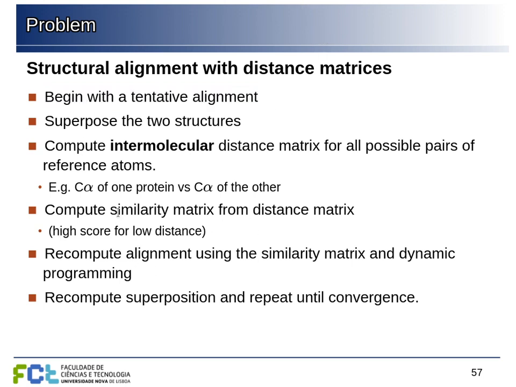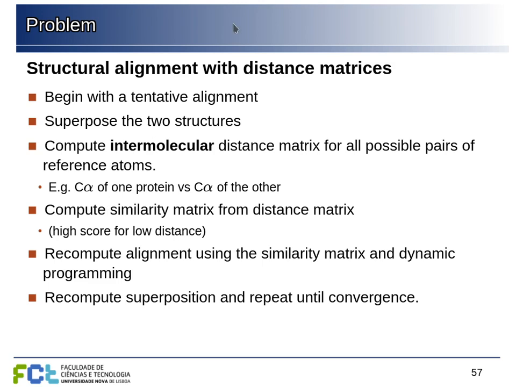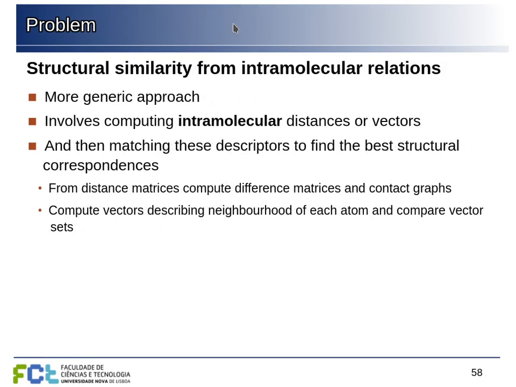So basically this can be done with these matrices with distances between atoms of one protein and all atoms of the other. Usually not all atoms are used, but only one for each residue, for example, the alpha carbon. We can also do this by looking at patterns of distances inside each protein.